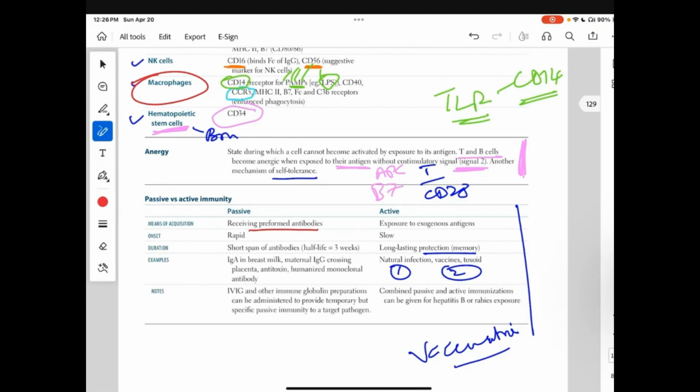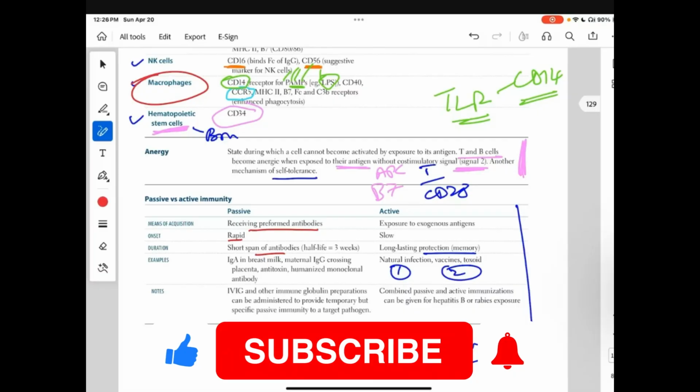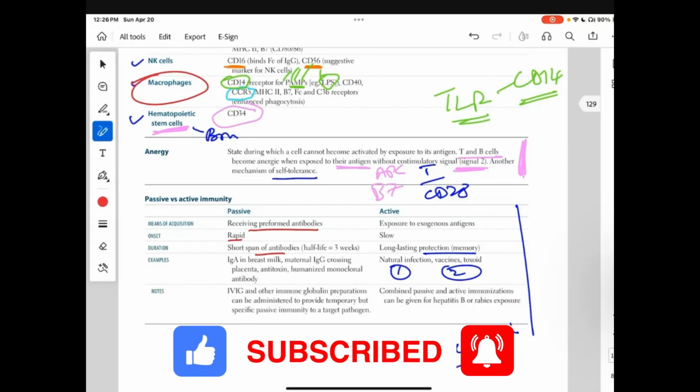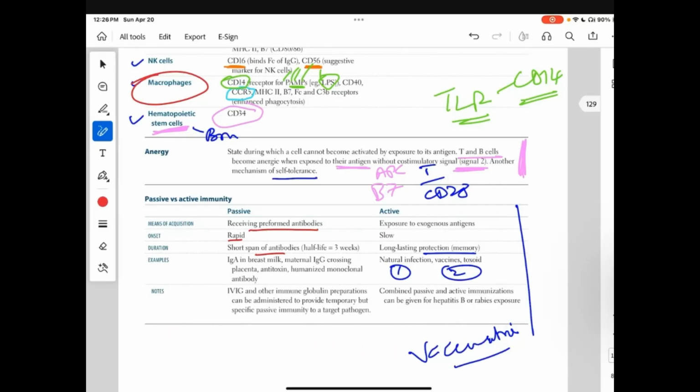And with this one, the onset is rapid because the antibodies are immediately available. But the problem with it is short duration, while active has longer duration because you're stimulating B and T cells, and when they are done, they become memory cells.